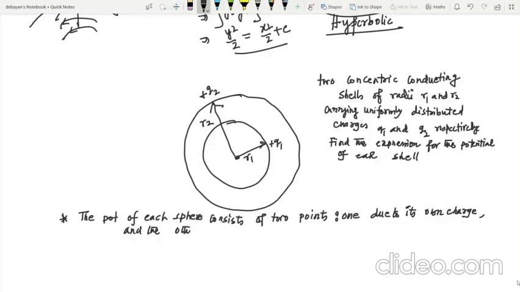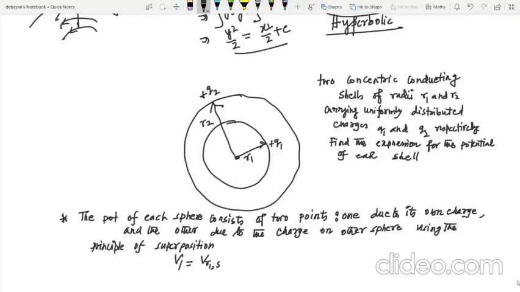If you want to find the potential at surface 1, then this is nothing but the potential due to R1, its own charge, as well as due to radius R2, for which we have to find the inside.